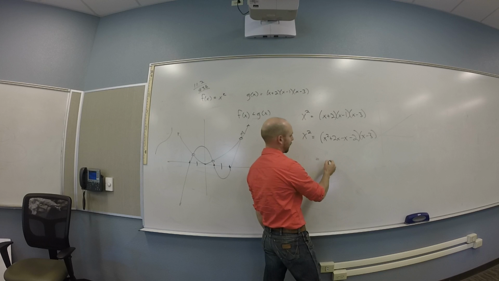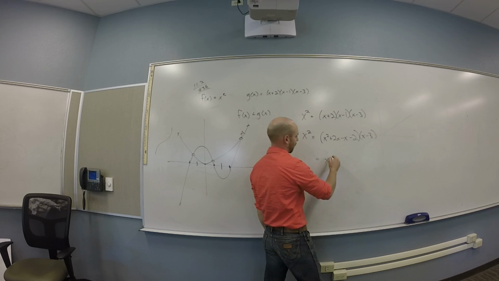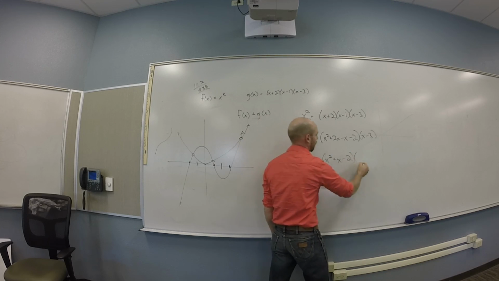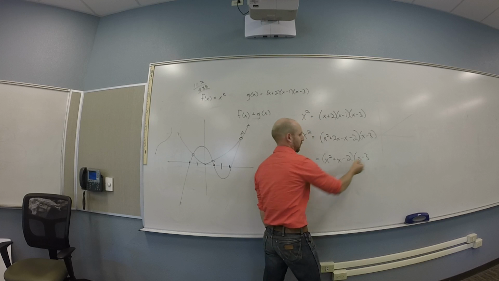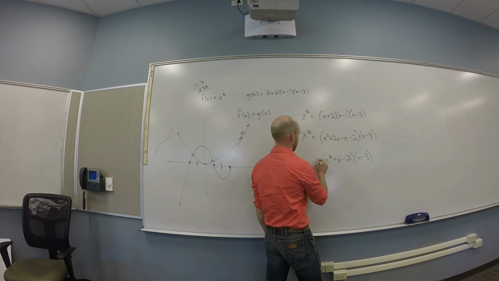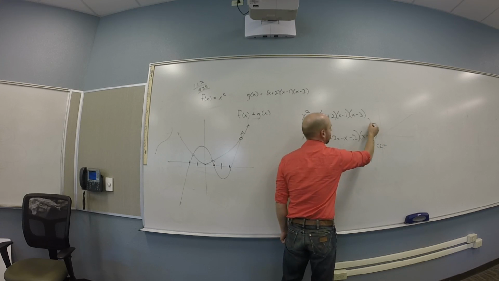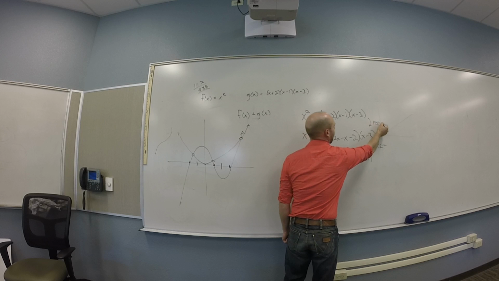And that's going to get me x cubed. I'm going to combine like terms, but x squared plus x minus 2 times x minus 3. Okay, so that was combine like terms. This was FOIL.